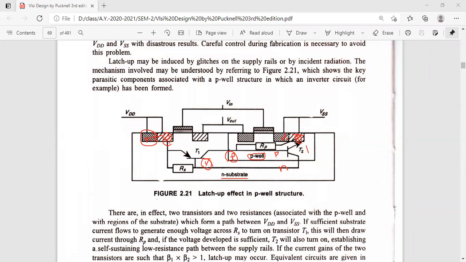But you can observe here, this is either a source or drain. For NMOS it will be N plus only, right? So this will be drain, and this is the source of N plus type. So N plus, and this is P, and this is N. Here also we formed an NPN transistor. Here an NPN transistor is formed. Here a PNP transistor is formed.